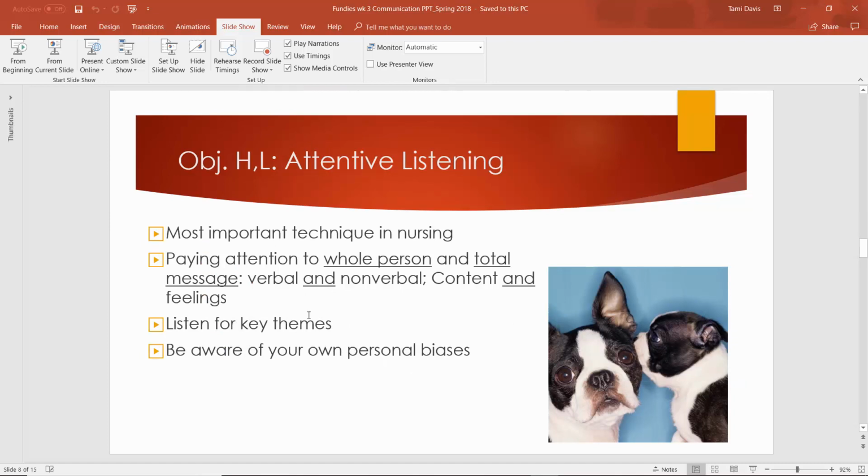This is paying attention to the whole person and the total message that they're giving, and this is a crucial skill to develop. This is both the verbal and the nonverbal communication and the content and the feelings that the patient is expressing. It's looking at everything in conjunction so that we can treat our whole patient and all those 3 domains of nursing for holistic care that we talked about from week 1.